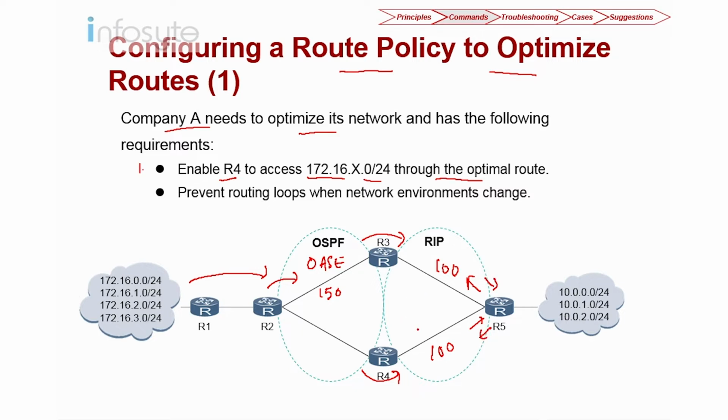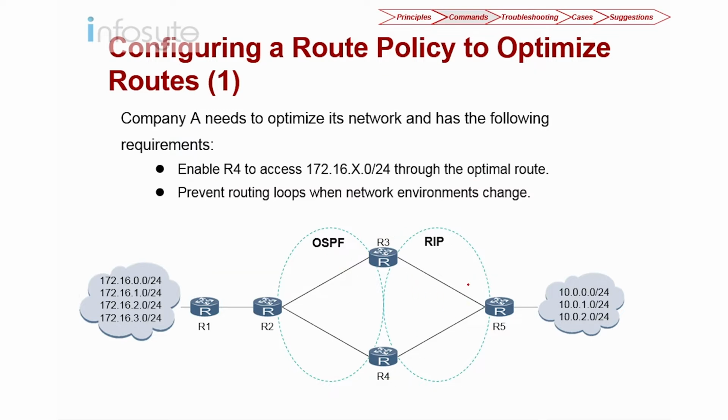Now the problem over here is assuming that R5 received the route from R3 and R5 sends this route to R4. Now R4 has a decision to make. If I want to go to 172.16.0.0, I have two choices. I can go to R2 or I can go to R5. So which is the right choice for me?